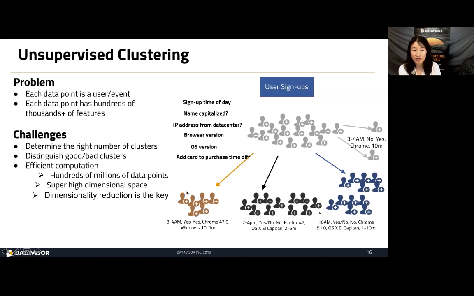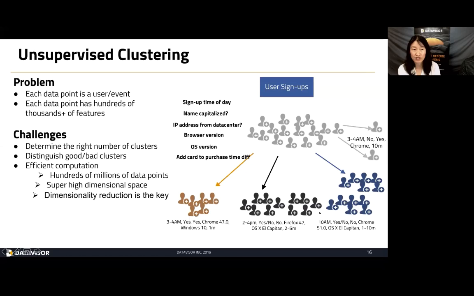This is the essence of clustering. To generalize from this toy example, we put each user or transaction as a data point in a high-dimensional space. Each user can have hundreds or thousands of features. The clustering algorithms cluster the data points into different clusters and identify suspicious clusters.